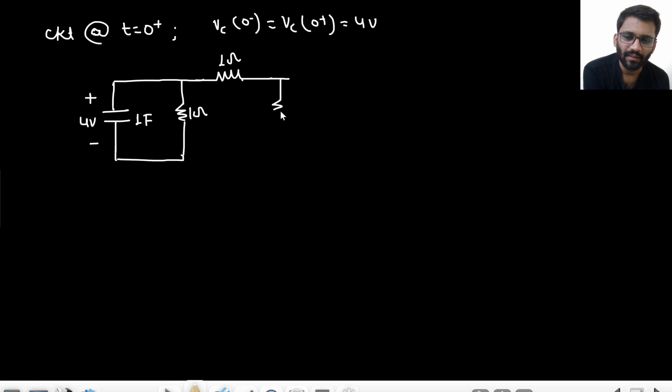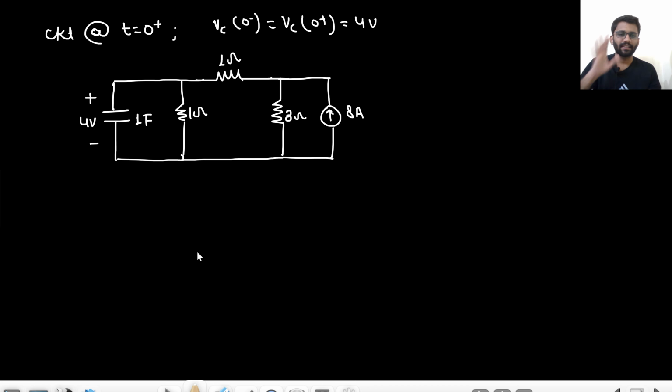And here, 3 ohm and 8 ampere current source, right? Now tell me one thing, can I say that this 4 volt will come here, the same 4 volt will come here, and the current will be 4 ampere here.